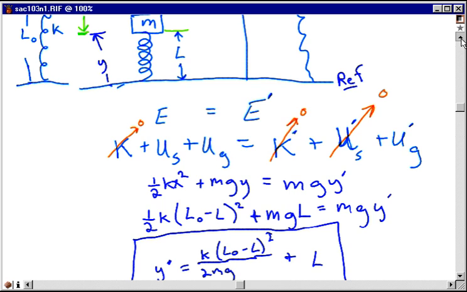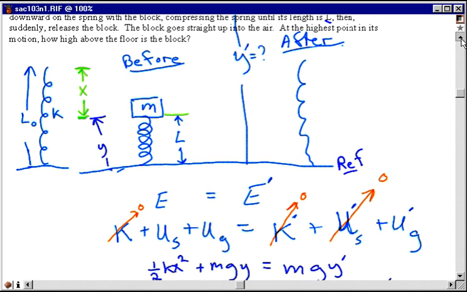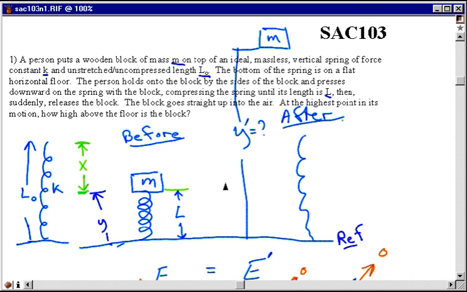Might be some concern about the fact that I was measuring the height of the block using the bottom of the block. Note that if the bottom of the block raises a distance y prime minus L, which is what it does subsequent to release, then so does the center of mass. So the change in the distance that the center of mass is above the reference level is the same.